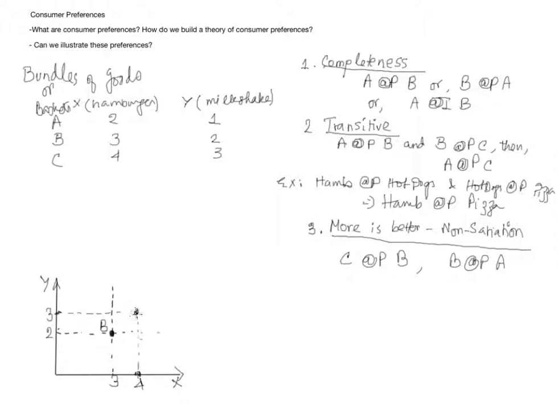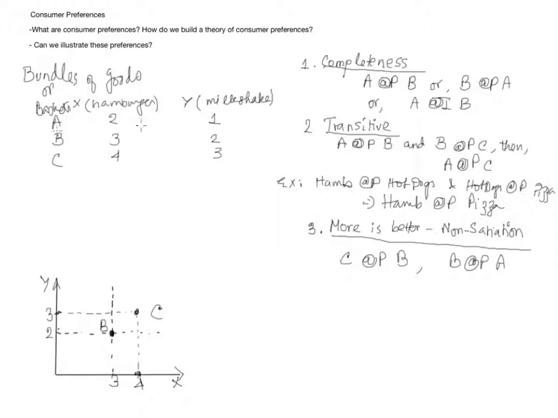So this is bundle C. Similarly, all the bundles on this quadrant, and that is why I had these lines drawn beforehand, so this quadrant to the northeast of B, all these bundles are preferred to B because they have more of both goods X and Y, and therefore more is better.